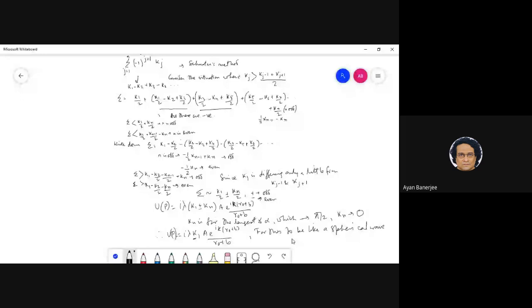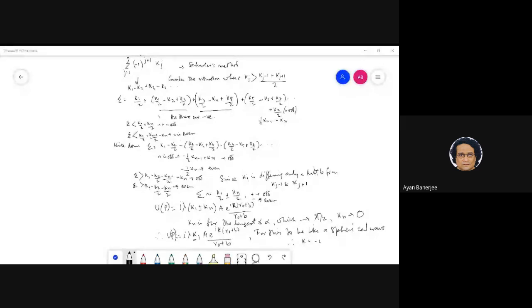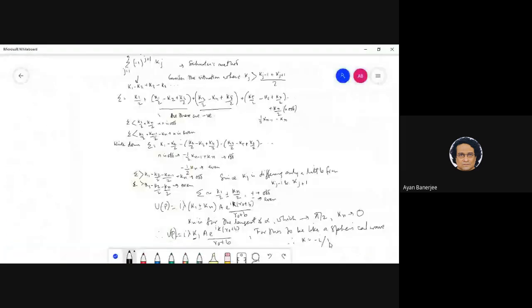So what Born and Wolf, I'm sure, argued, or Fresnel, was that k has to be minus i by lambda.